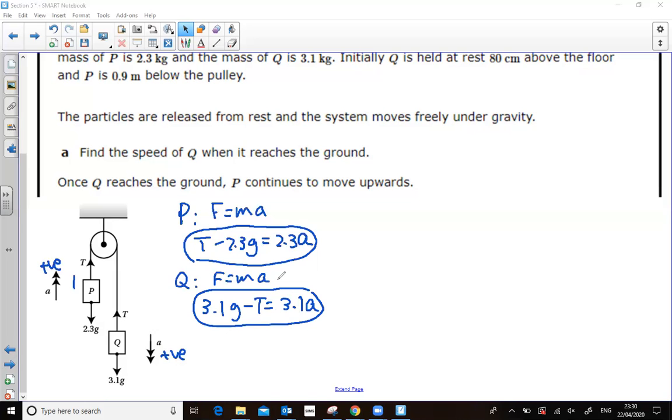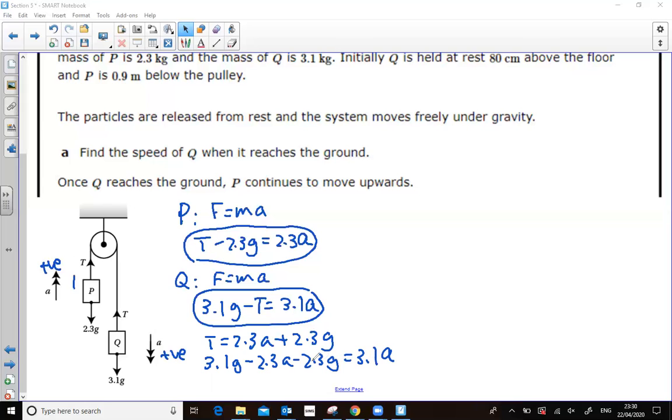So from the first equation, T will equal 2.3A plus 2.3G. And that's substituted into the second equation here. So we'll have 3.1G minus the entire expression for T, so we minus 2.3A minus 2.3G, and that will equal 3.1A.